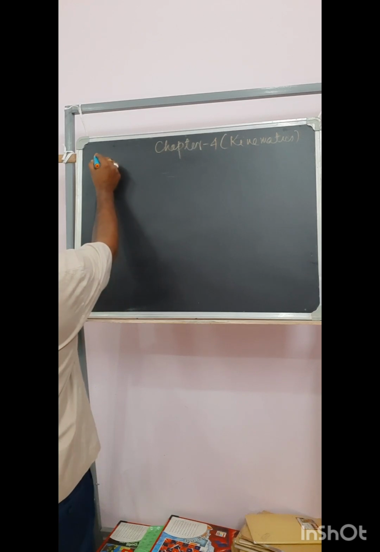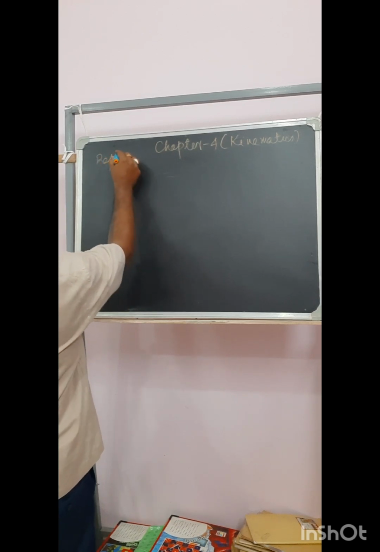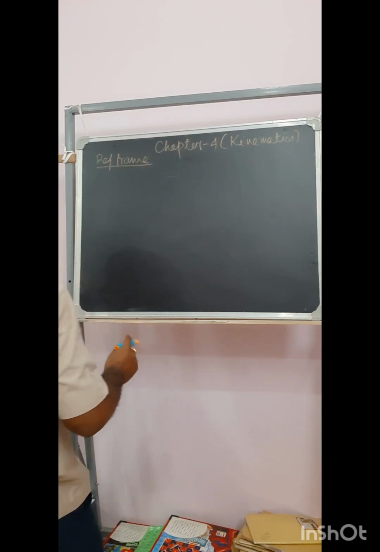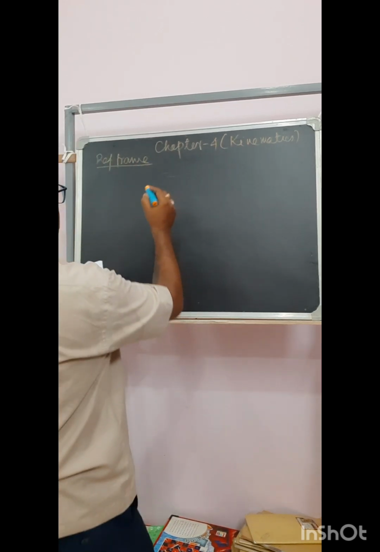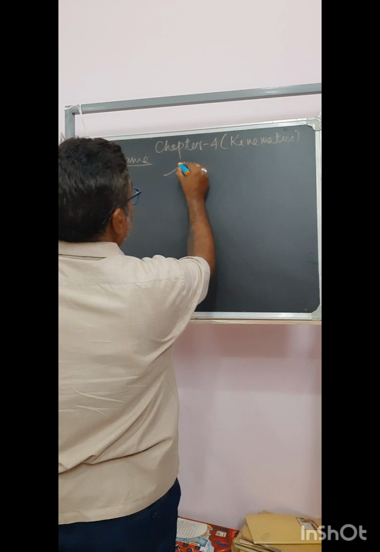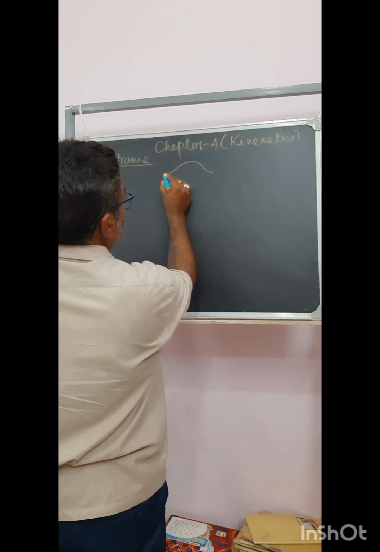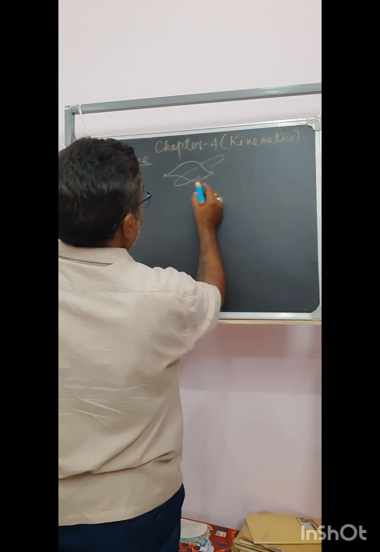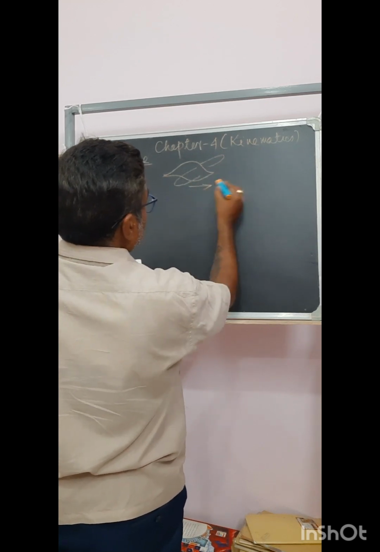So this first problem is on a reference frame, which is an associated topic of kinematics. There is a plane which is flying in the air with a velocity towards east.